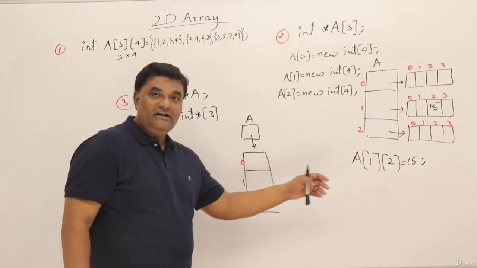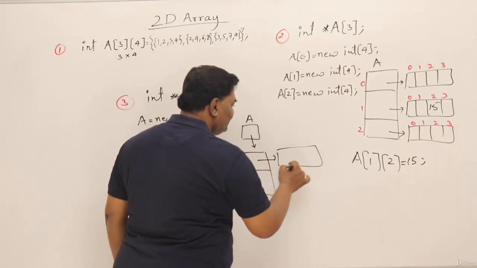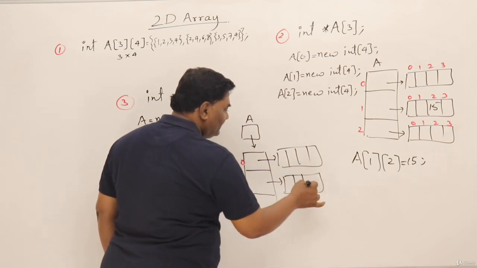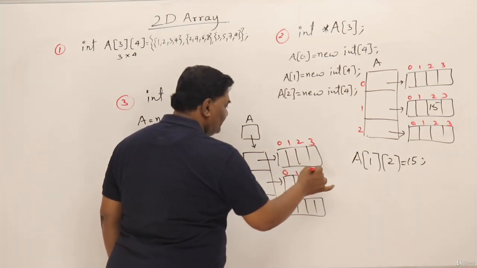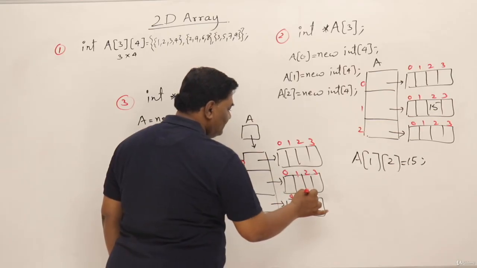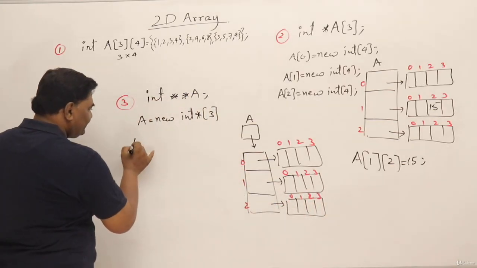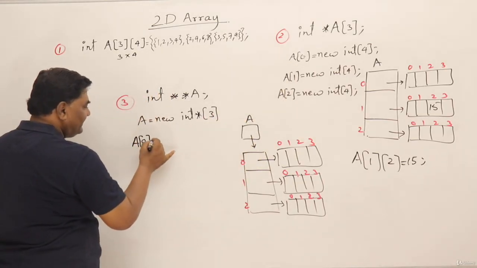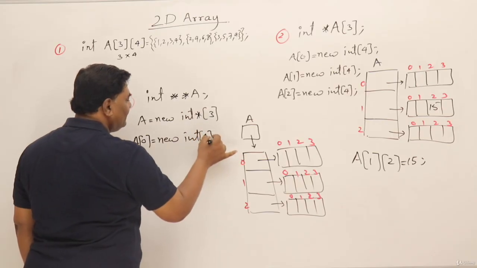Now I will prepare other arrays. I have to create these three arrays and assign them to these three pointers. The indices are 0 to 3. Now how to create those three? Same method as I did here, I should say a of 0 assign new int of size 4.